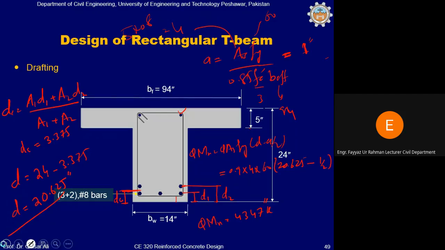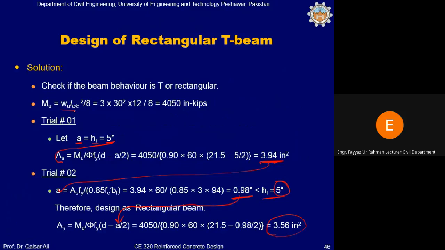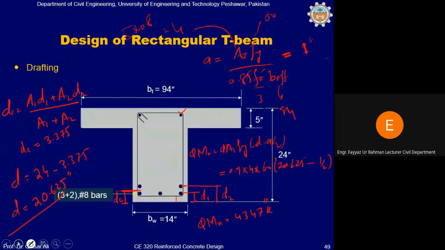And what was the demand moment? The demand moment here, Wu L center to center square by 8, it is 4050. So this capacity is greater than the demand, which is 4050 inch kip. So the given section is sufficient to carry the given demand. Clear?